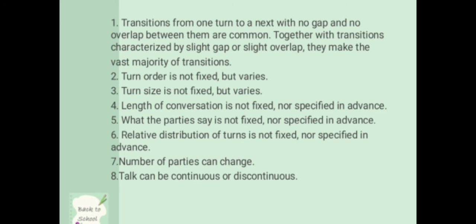Turn size is not fixed but varies. Length of conversation is not fixed nor specified in advance. What the parties say is not fixed nor specified in advance. Relative distribution of turns is not fixed nor specified in advance. Number of parties can change. Talk can be continuous or discontinuous.